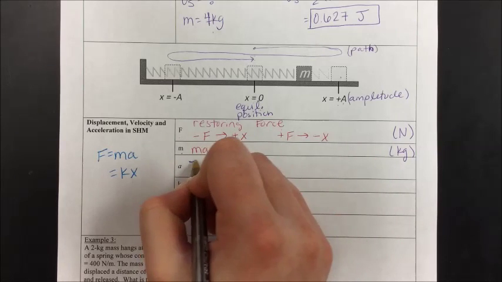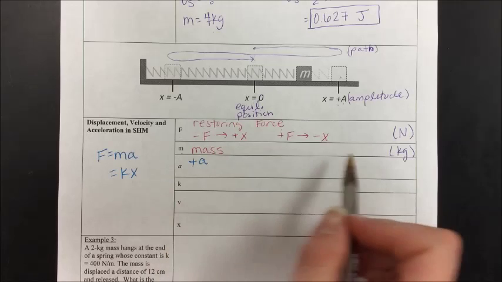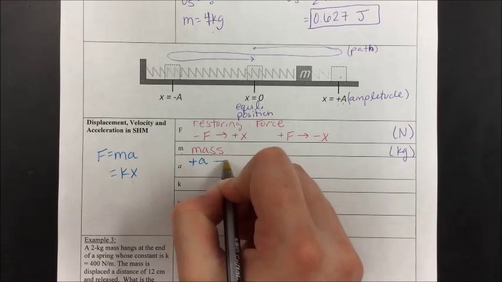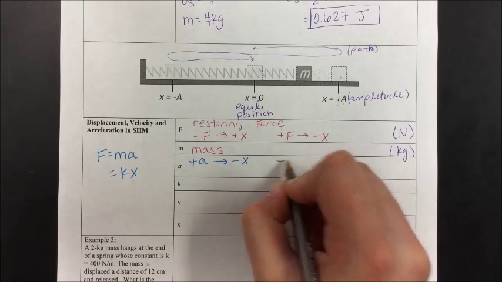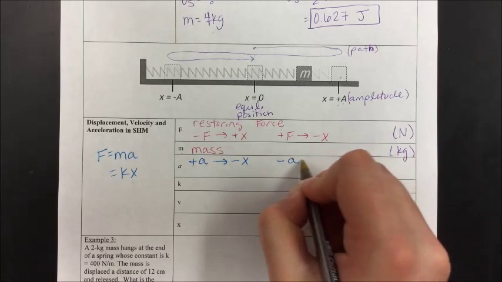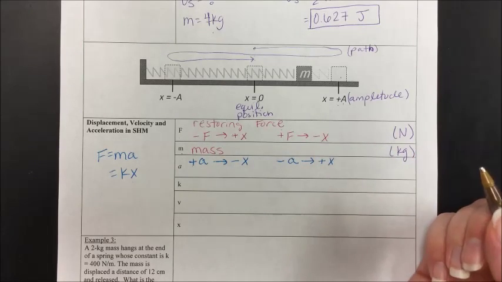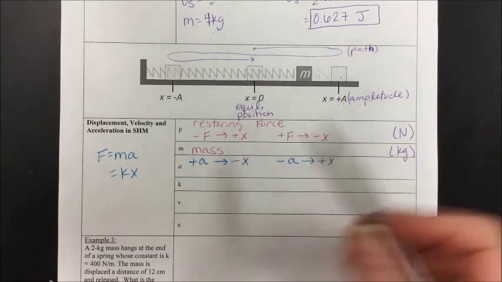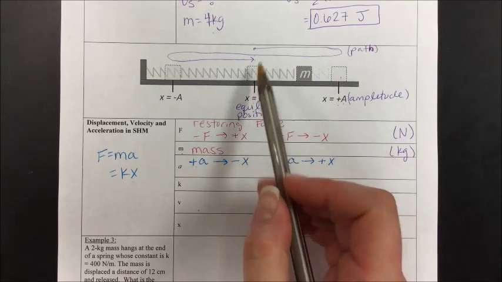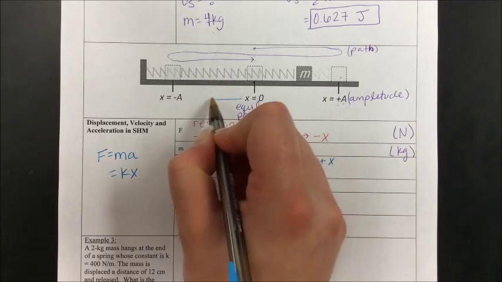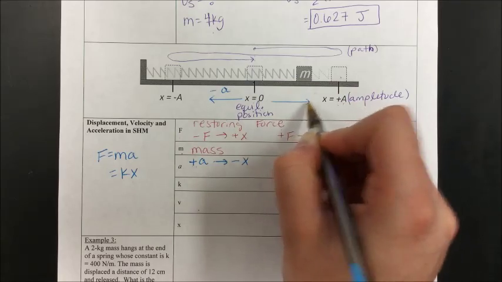So if our acceleration is positive, that means it's in the positive direction, so to the right, then the block must be moving in the negative x direction. If the acceleration is negative, then the block must be moving in the positive x direction. So acceleration, we have to compare to velocity. If we add to our diagram, this is going to be negative acceleration.